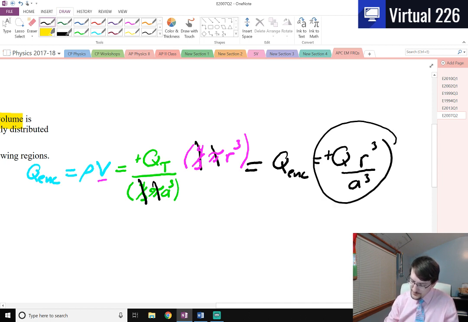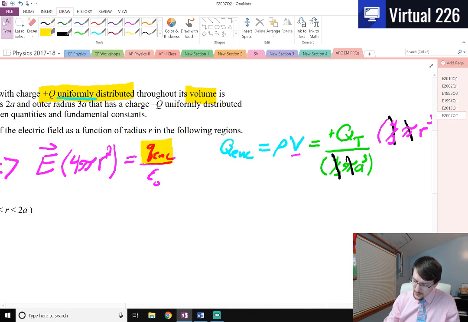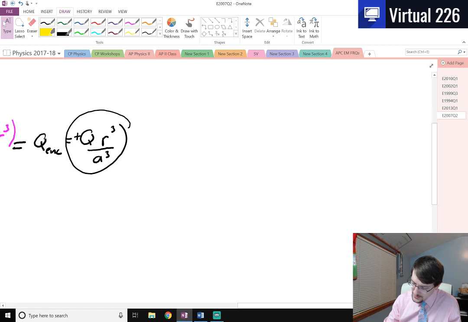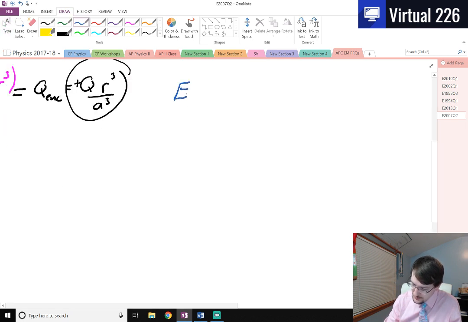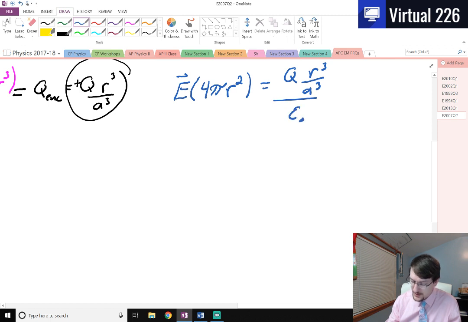So we can take this value and put it in for our charge enclosed, meaning that we now have a pretty nice equation to play with. We can now say that the electric field times the Gaussian surface area, 4 pi r squared, is equal to q r cubed over a cubed over epsilon naught. Cleaning up this math, 2 of these r's are going to cancel out, and then we divide each side by the 4 pi.